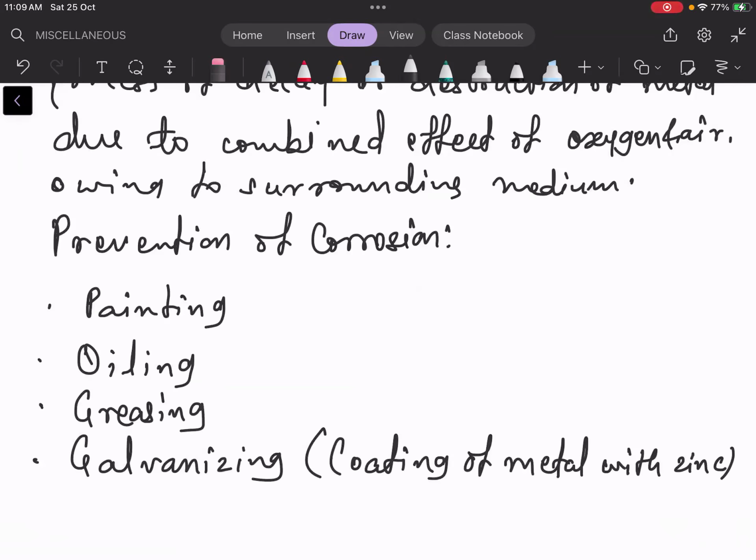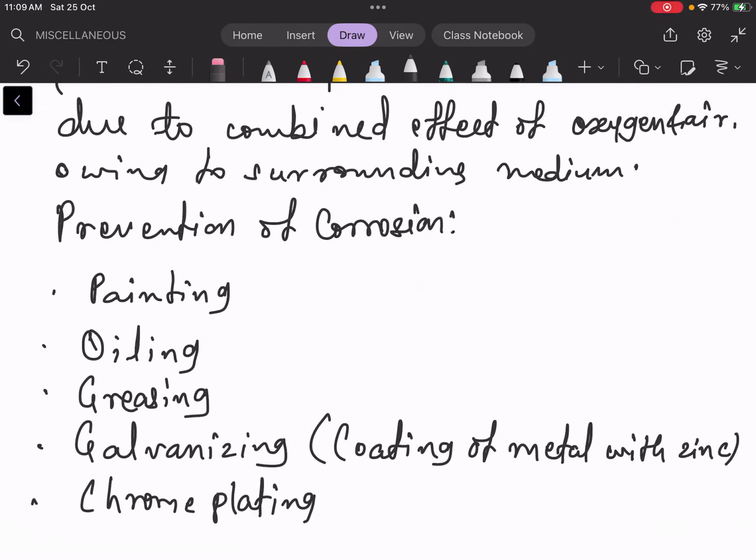Galvanization. Then chrome plating, applying chromium. Then anodizing.